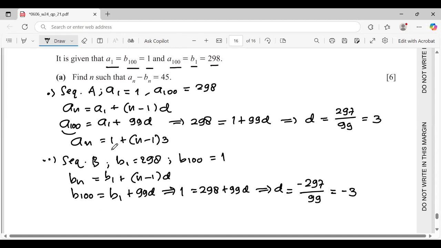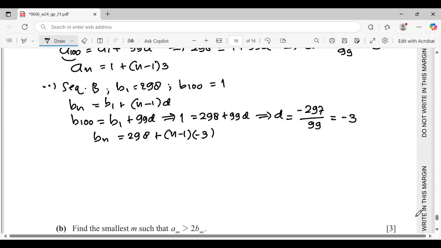So sequence B becomes Bn equal 298 plus n minus 1 times minus 3. Expanding, Bn equal 301 minus 3n.